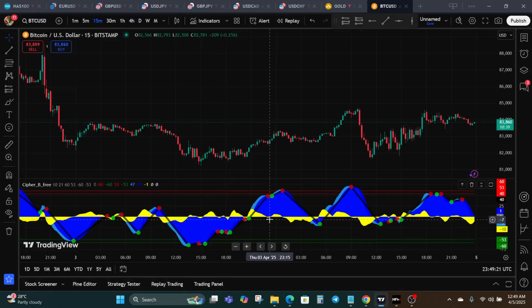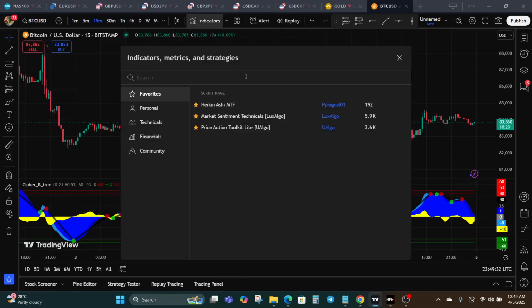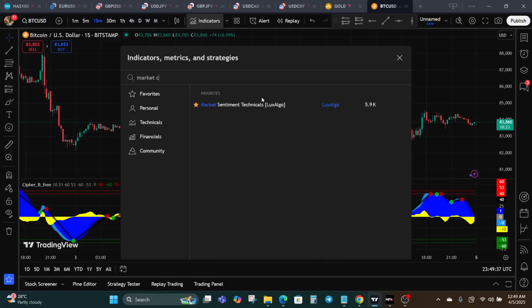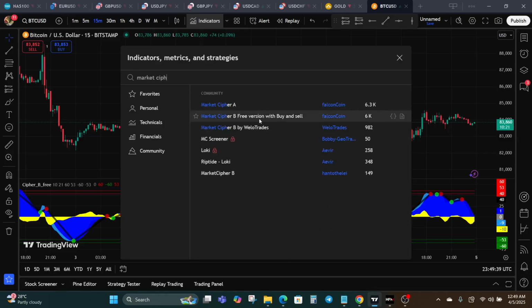It also includes RSI and volume components built in. So if you want a free version, you can just look for the free version here in the options. You can see that there is a free version here.